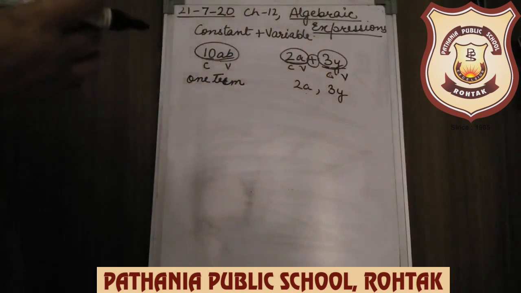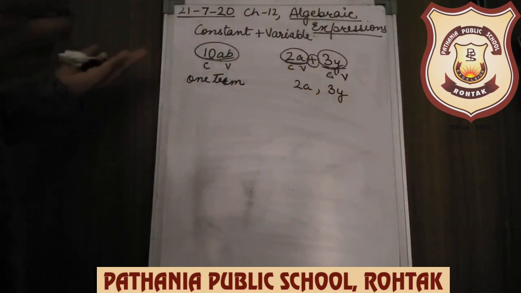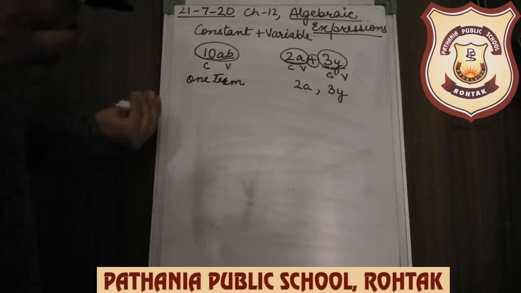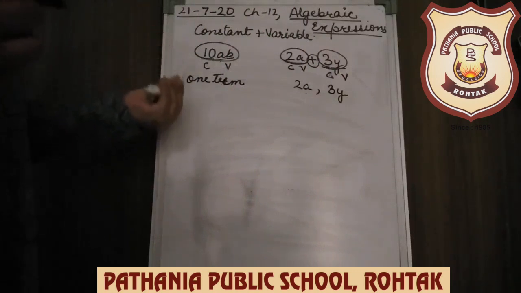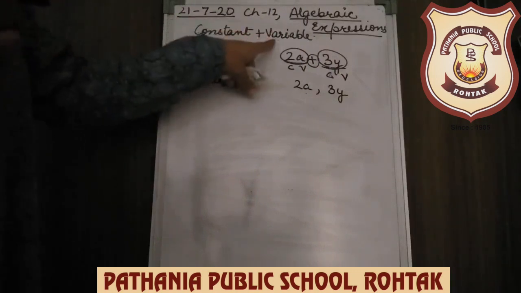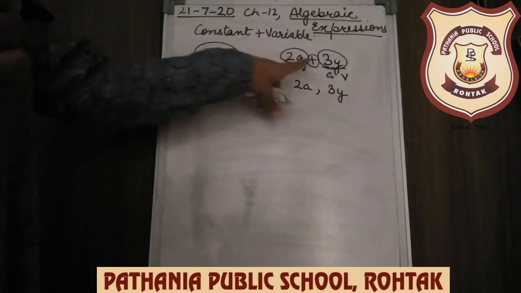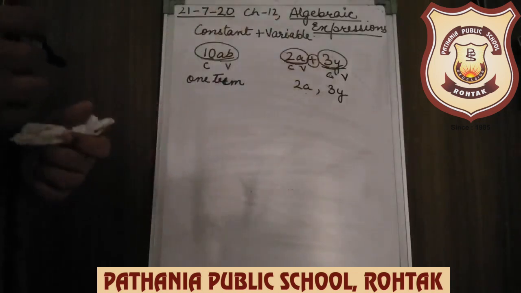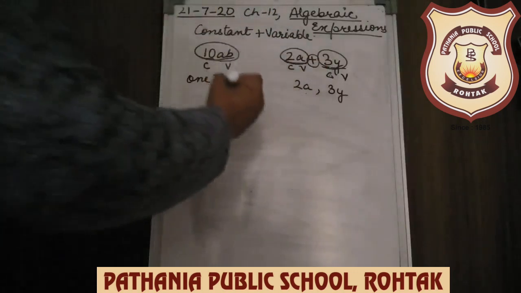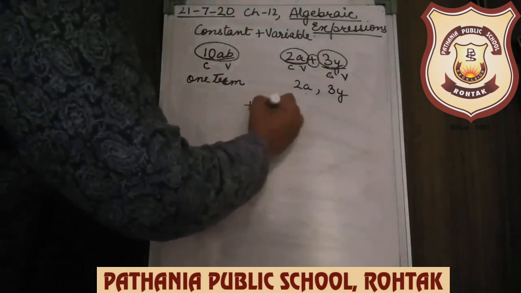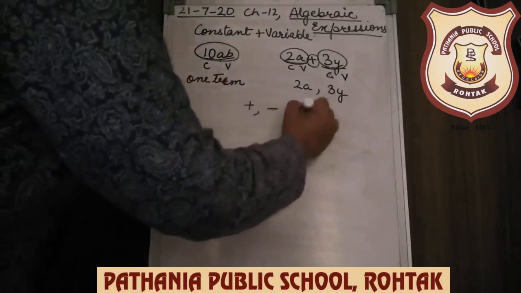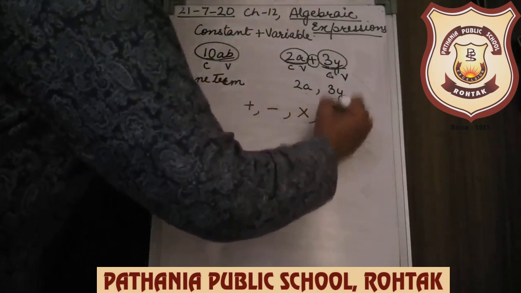So in an algebraic expression you will have terms which are a combination of constant and variable with one or more arithmetic operations. How many arithmetic operations do you have? Addition, subtraction, multiplication and division.